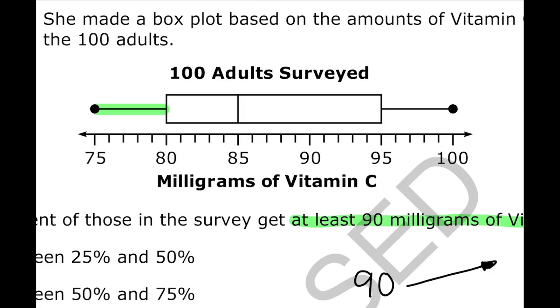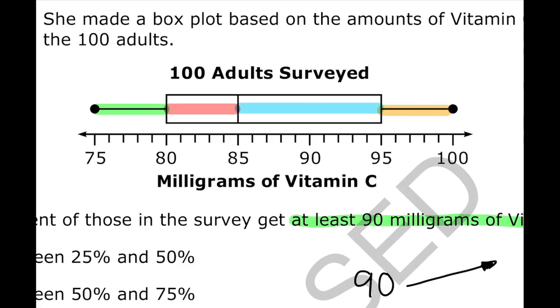The next portion goes from 80 to the median, which exists at 85. And let's keep going. We have 2 more sections here. We go from there to there, and then finally from here to here.